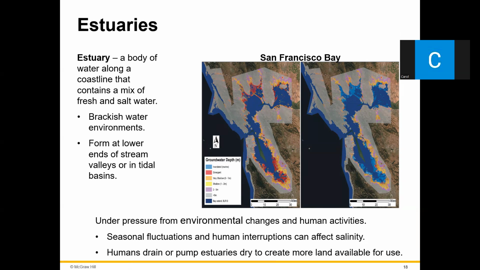They form at lower valleys, under pressure from environmental changes and human activities. Seasonal fluctuations and human interruptions can affect salinity. That is what they think is going on with the delta smelt. They think that diverting a lot of the streams from the rivers up here increased the salinity in the bay and started harming the population of that fish.